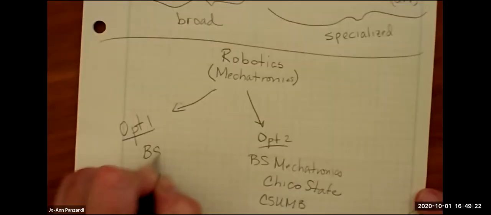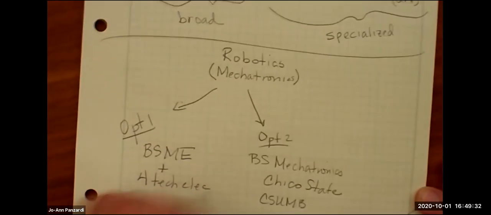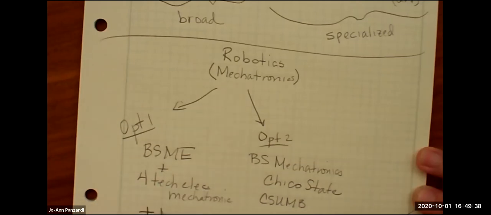Mechanical. Yep, mechanical. I could get a BS in mechanical engineering. This would be broad, with my 4 technical electives in mechatronics. And if I want, I could go get my master's degree in mechatronics.